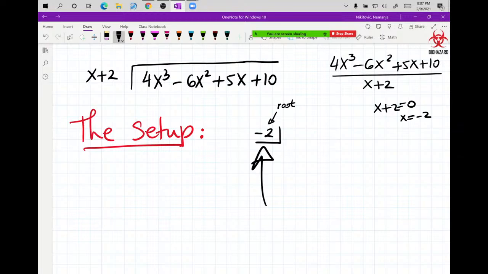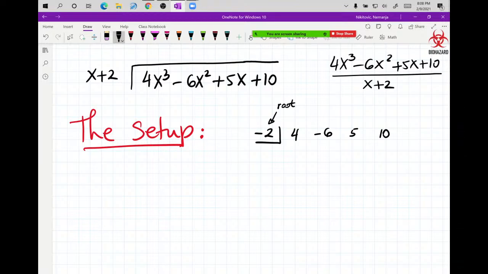Some students like to memorize, always use opposite sign. Yeah, that works too. But it's better if you know what you are actually using, not just the opposite sign. It's actually the root that you are stuffing into this thing, as we are going to see later on. And all you need to do now is to pick up your coefficients. 4, -6, 5, and 10. So you space them out a little bit. That's your setup.